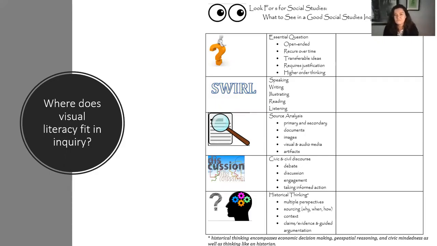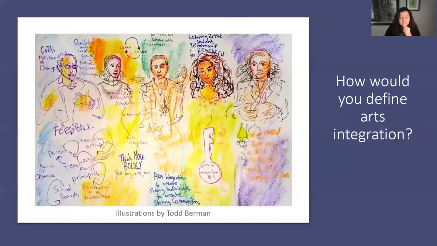You could be creating one. A visual could be a source that you are using to analyze a time period. It could be a piece of work that is debated or discussed. You could ask questions and think about a piece of artwork in a multitude of ways, as a geographer, as a historian. So everything we're doing today is related to every part of inquiry.